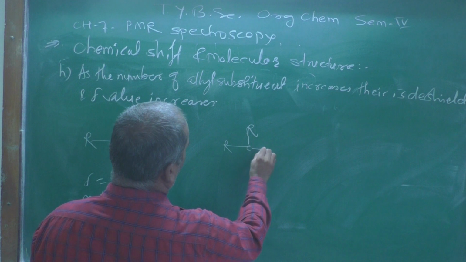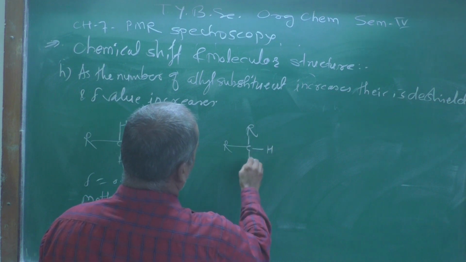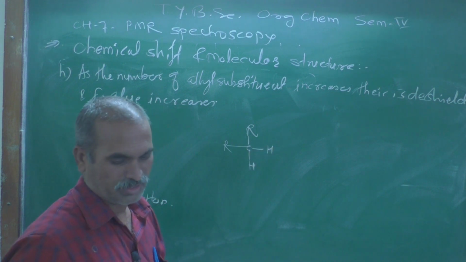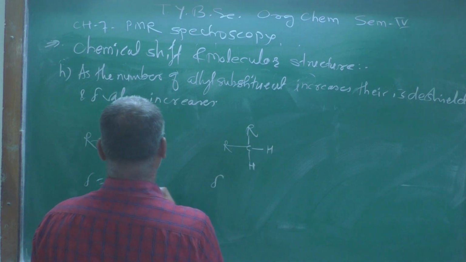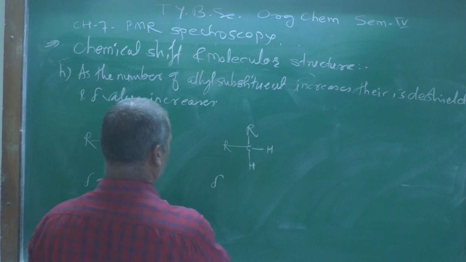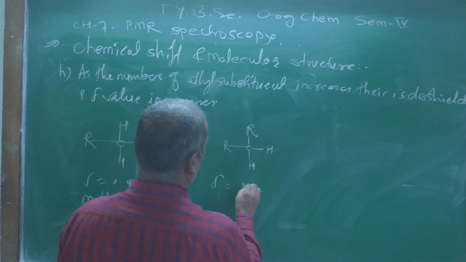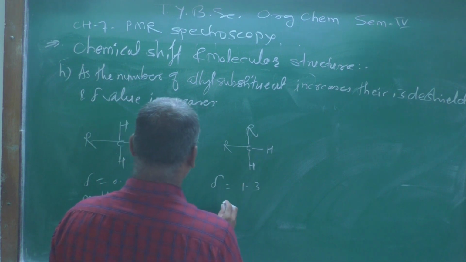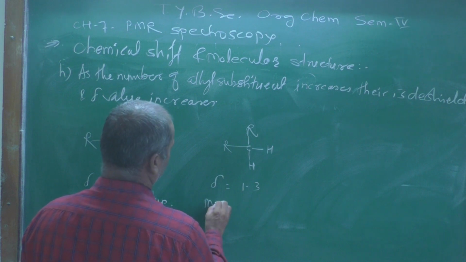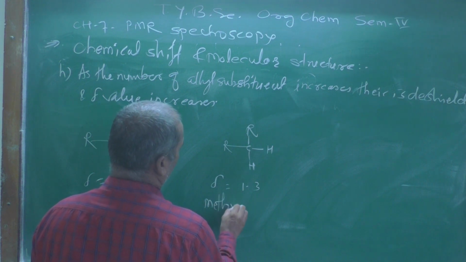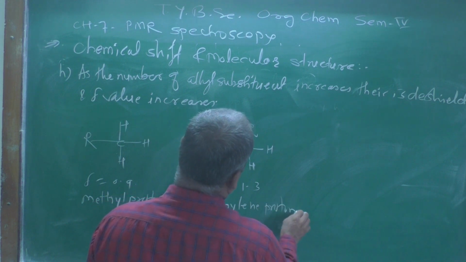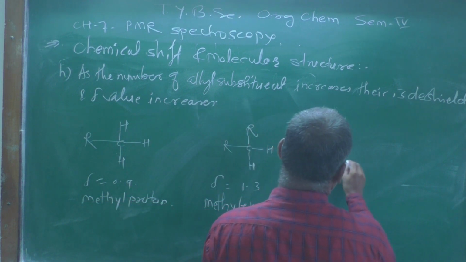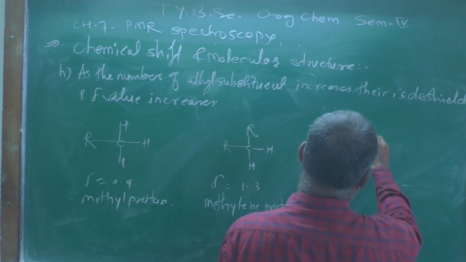Another R I am attaching here, with H and H, that is a methylene proton, and as we go on adding 0.4, it becomes 1.3. Now I am gradually increasing.